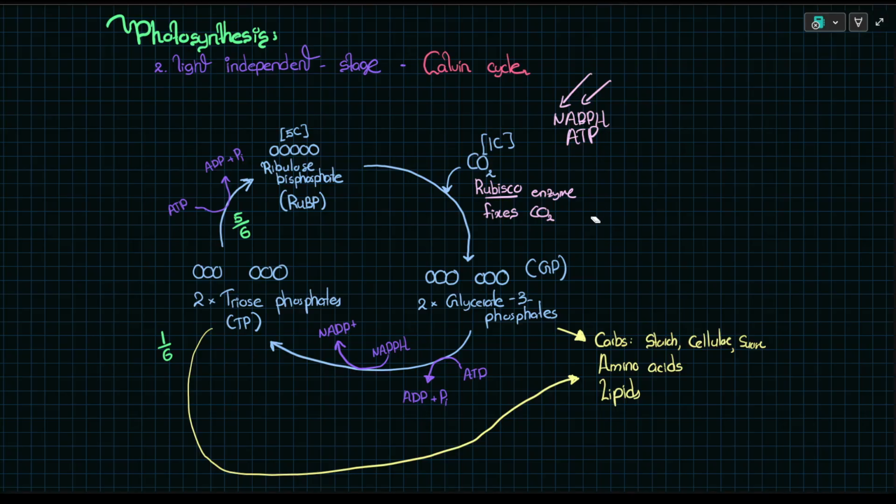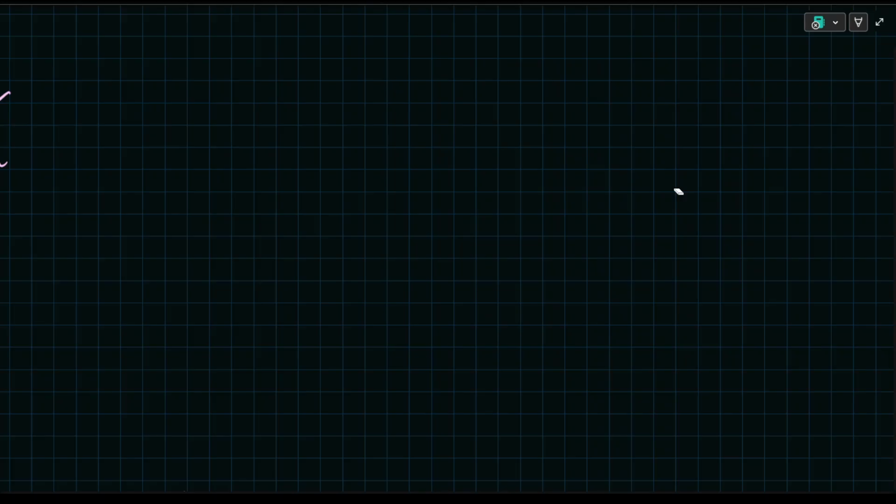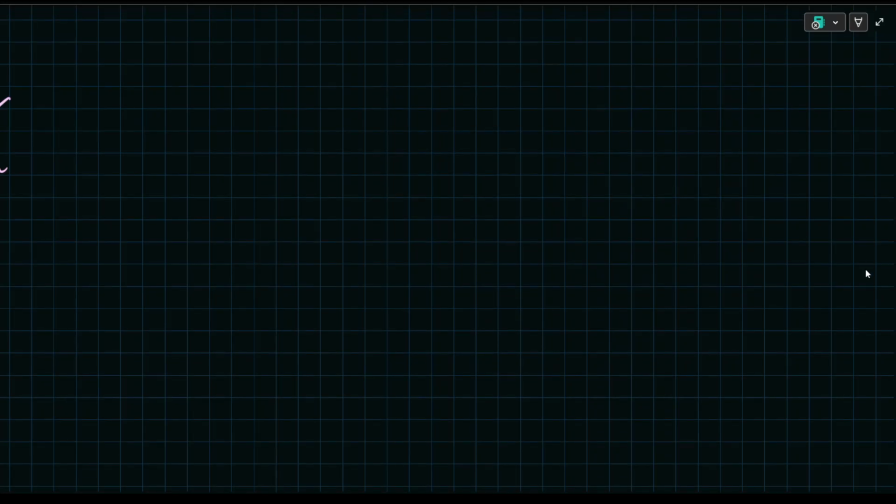Now let us outline the very shortened form of this. Very simple. Pay attention. We obviously know we start off with RuBP. What is RuBP short for? Ribulose bisphosphate. Converted to 2 times GP, glycerate phosphates.